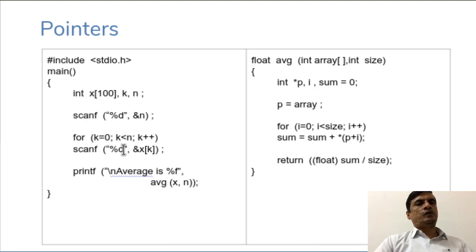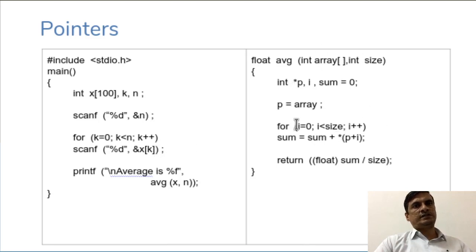In this for loop, I have declared an integer array having 100 elements. Here I am going to scan all the 100 elements and store them, using ampersand of x of k, and then you can find the average in the function average. Whereas in this case, I try to access it through the pointer variables.